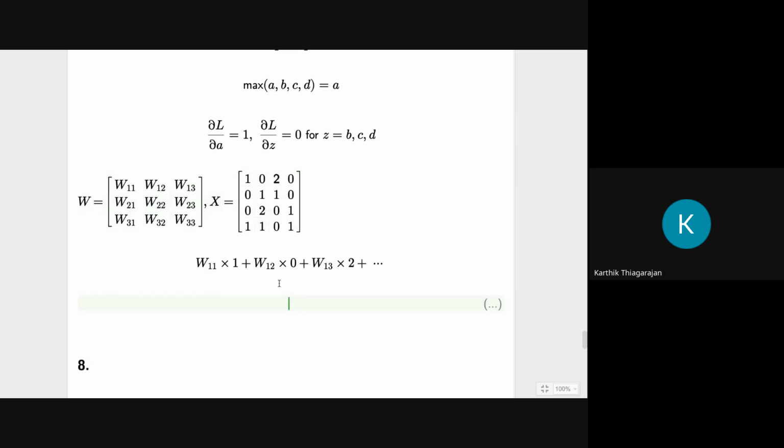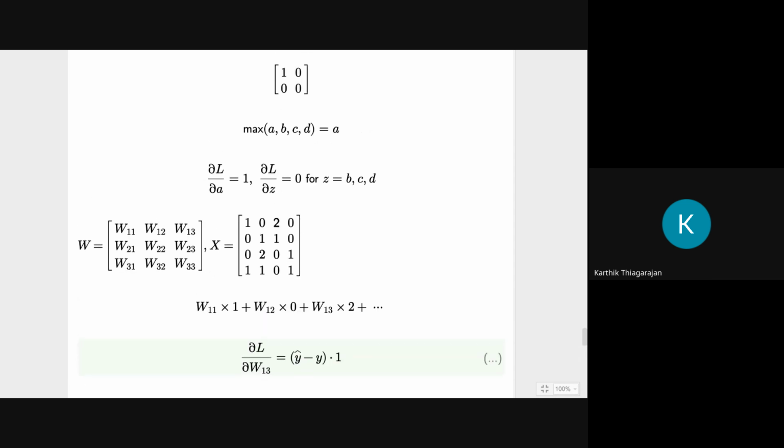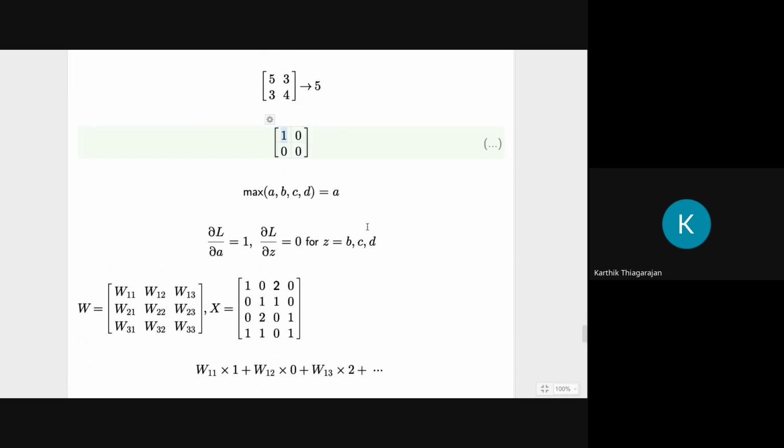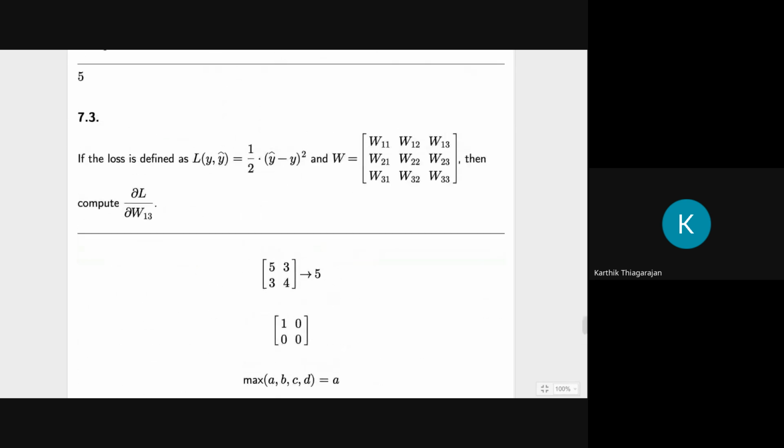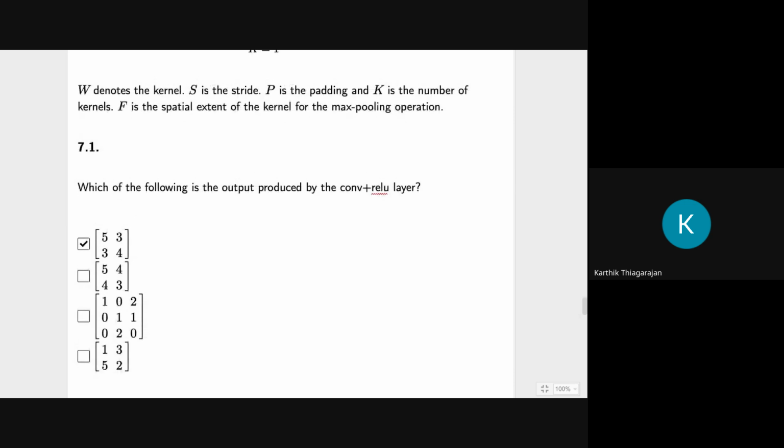So what do you get? You get dou L by dou w13 as, if you come from the back, it's a regression problem, so it will be y hat minus y first of all, and then the max pool, which is just 1. That's just the pooling mask. And then there's also a ReLU mask, which will also be 1 because everything is non-negative.